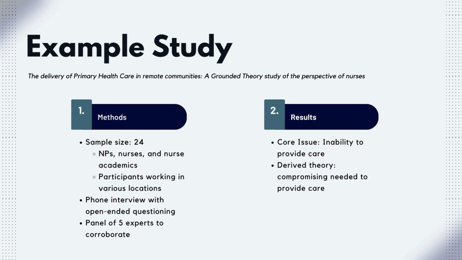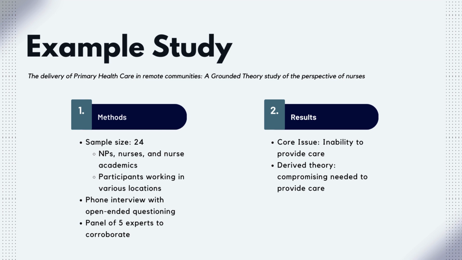Next, we're going to take a look at methods and results. For this study, a sample size of 24 was used. Of that 24, 13 were nurse practitioners, 7 were remote area nurses, and 4 were nursing academics. The average age across the participants was 49, and the average nurse experience was 24 years.